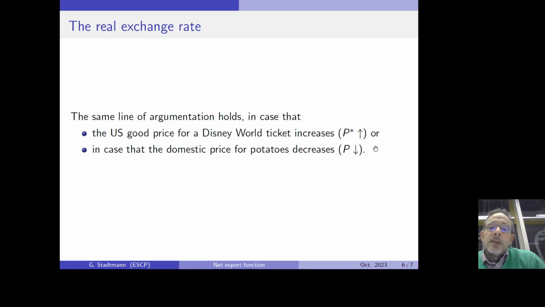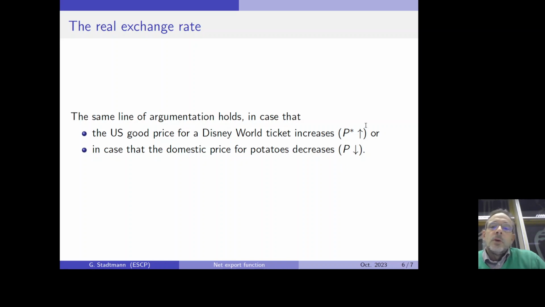Nevertheless, these two cases will not pop up in our lecture, because we assumed in chapter 17 that the two goods prices will be constant. We normalized them to 1, and we will not look at this case at all. This case will not pop up in our chapter.